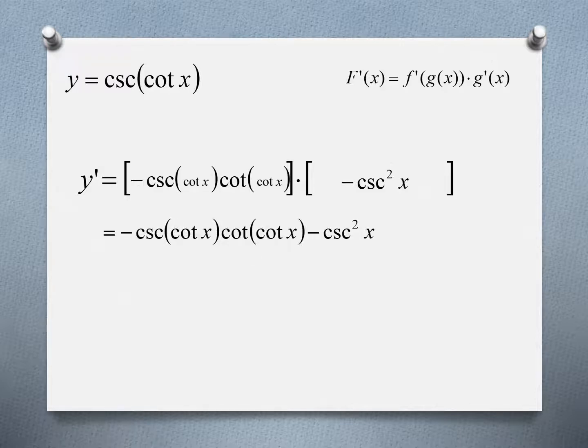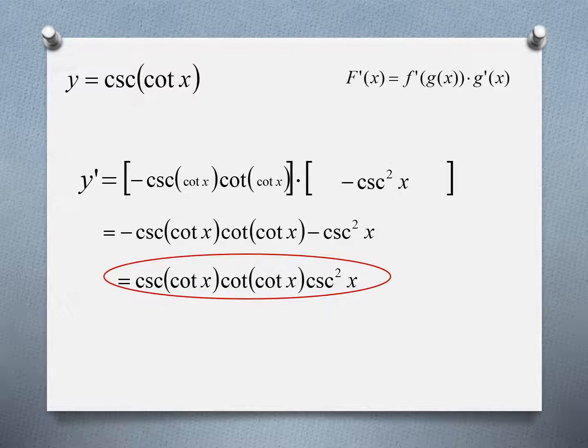And so we draw this all out and just pull out what we have and show that it's all multiplying. So we have the negative cosecant cotangent x times the cotangent of the cotangent of x times the negative cosecant squared x. And so we just multiply what we can. And in this case, of course, we can only multiply out those negatives, and we end up with what we have here, which is the derivative of our original function.